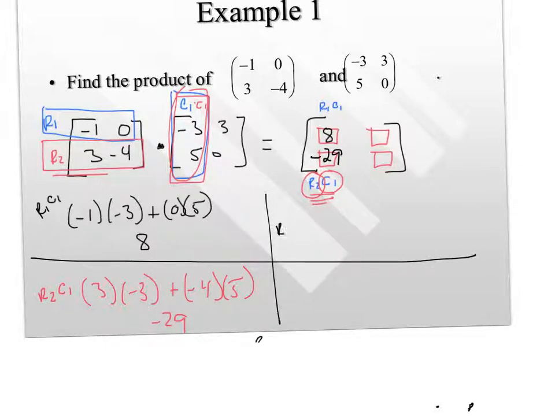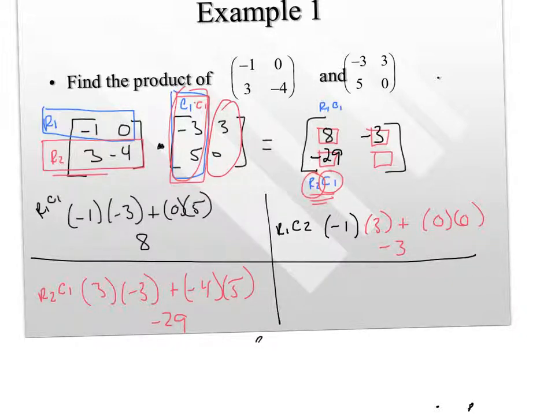I'm going to get row 1, column 2. So I'm going to use the information from row 1. The first piece is negative 1. That's the first element. And then column 2 is this guy, so 3 is the first one. And then I'm going to have 0 times 0. So that's kind of nice. It balances out.